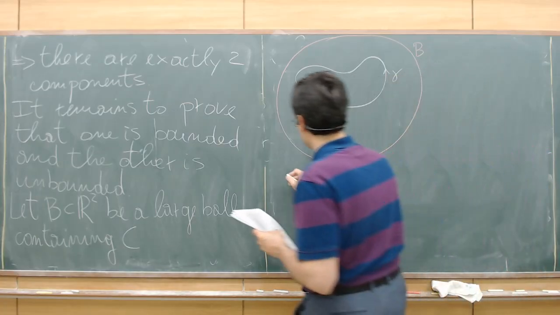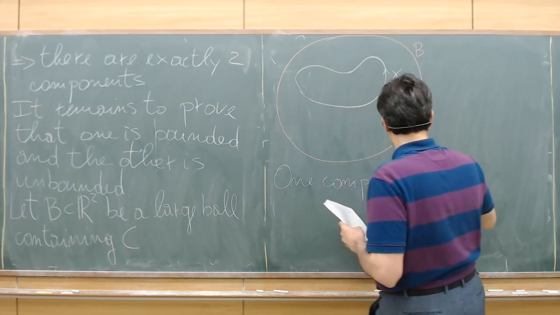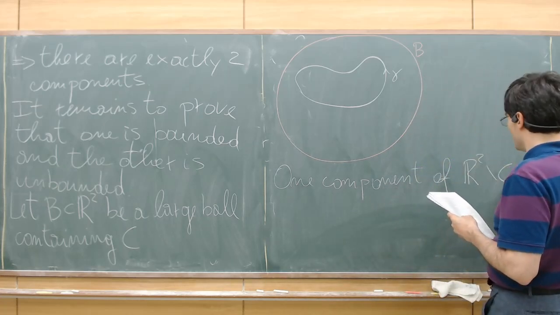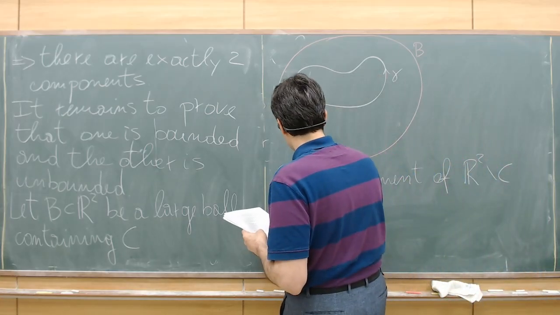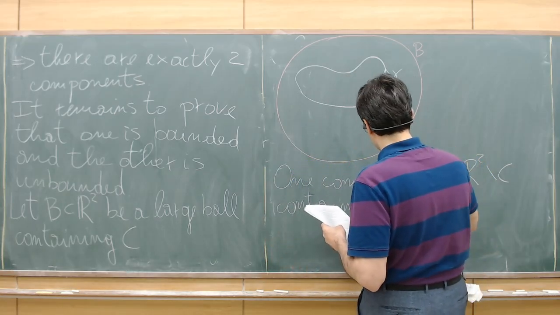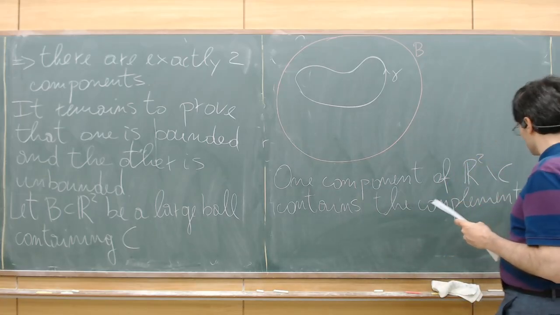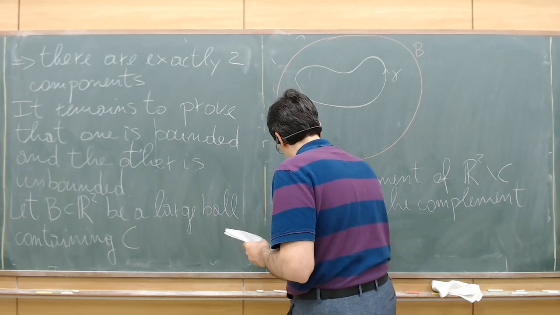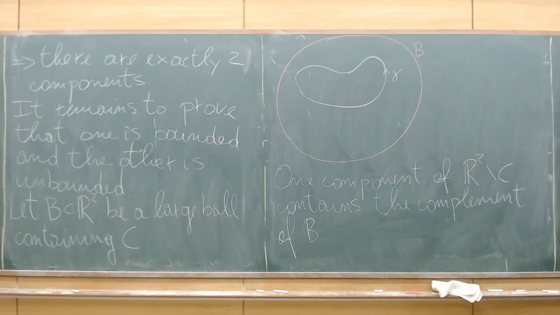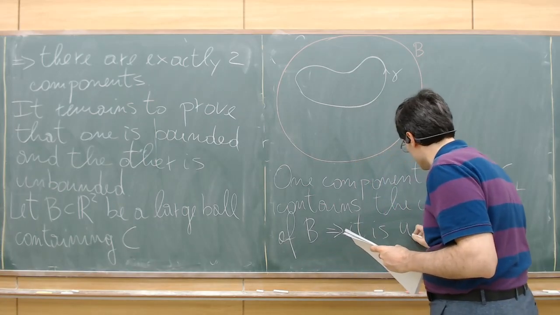Then clearly one component of R2 minus C contains the complement of B, and this implies it is unbounded.